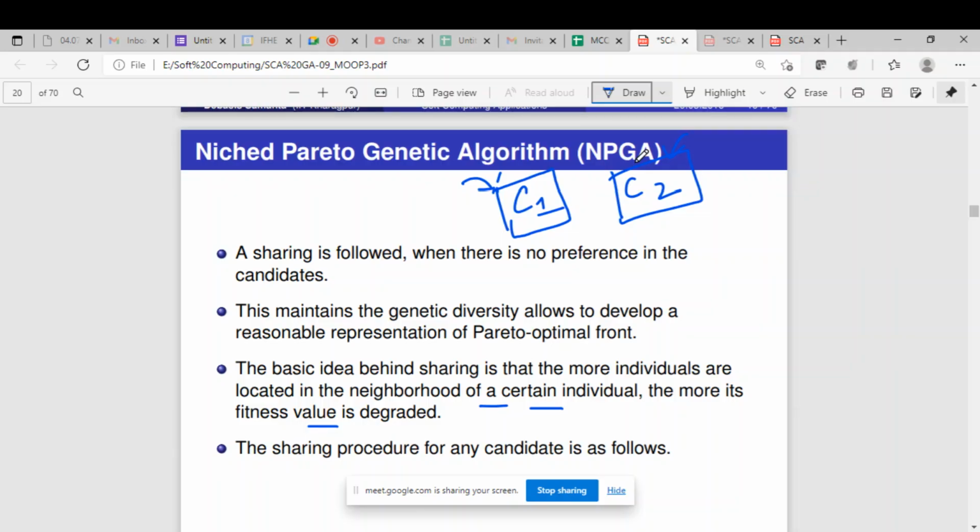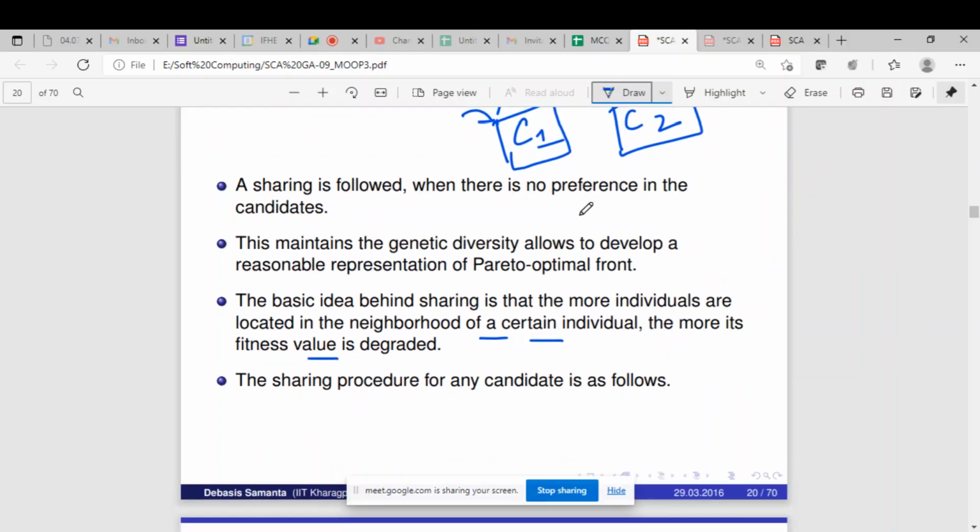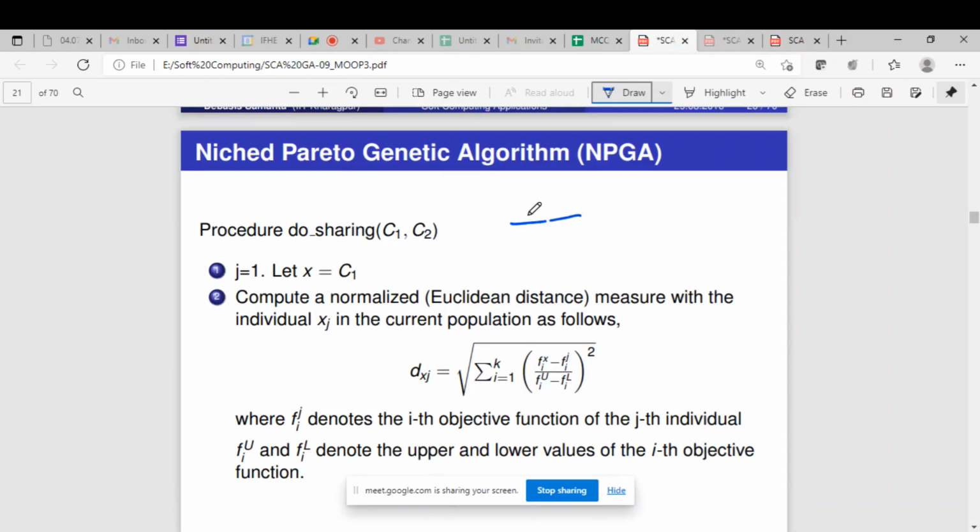Based on that, we decide who will be the winner. The one who has more neighbors, we choose as the winner. This is how the sharing algorithm is proposed.